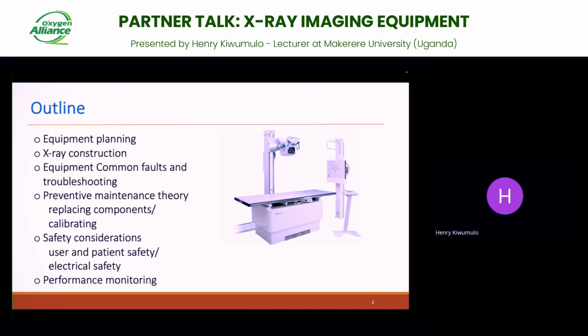This involves replacing some components and calibration. And of course, as you know, X-rays are hazardous, so there are quite a lot of safety precautions one needs to take, and this applies to both the user and even the patient. And then, of course, the performance monitoring. Those are some of the hints that we shall talk about within this time.